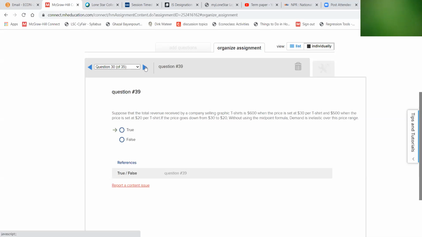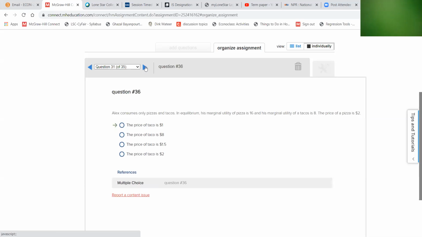Your total revenue is going down from 600 to 500. So price is going down, total revenue is going down. They are moving in the same direction. So your demand is inelastic. So this statement is true. So again, total revenue is all about the relationship between price and total revenue. Definitely review the lecture notes.